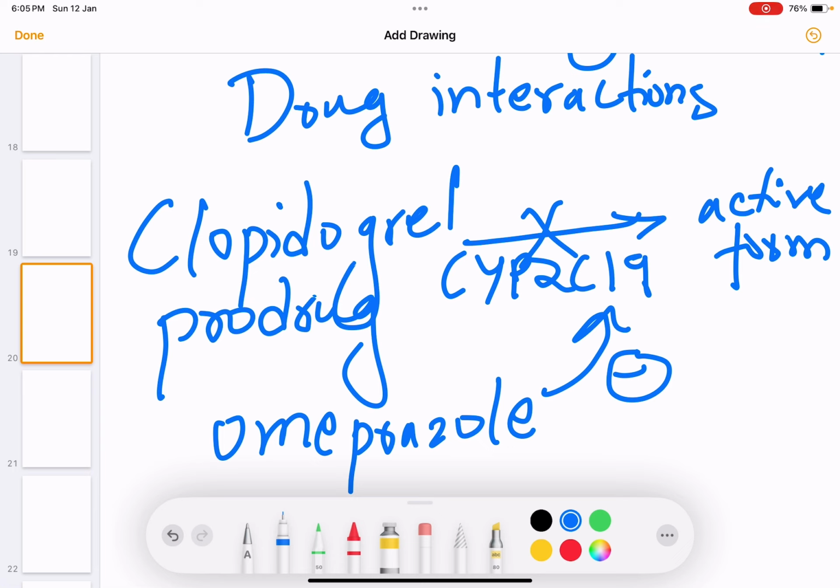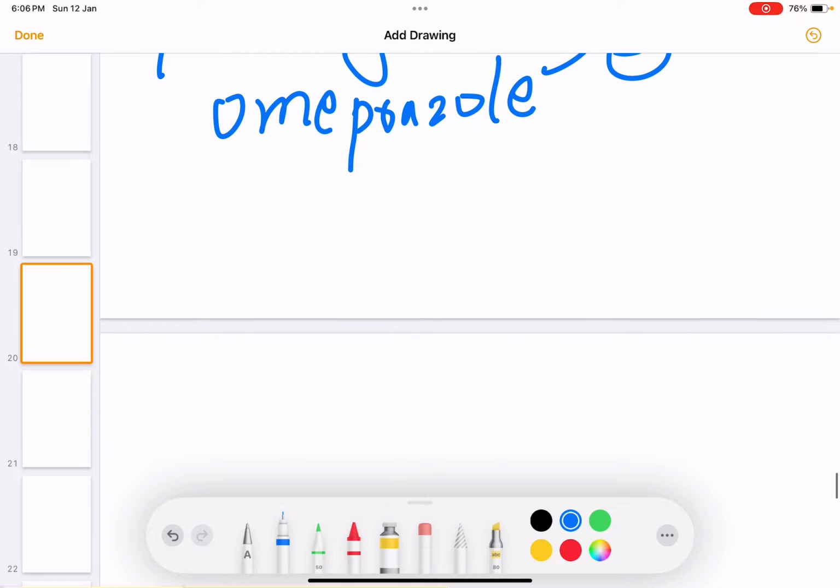Clopidogrel is usually given with aspirin as dual antiplatelet therapy for prevention of heart attack and stroke. So if omeprazole or esomeprazole is given concomitantly with clopidogrel, then there is increased risk of heart attack and stroke.